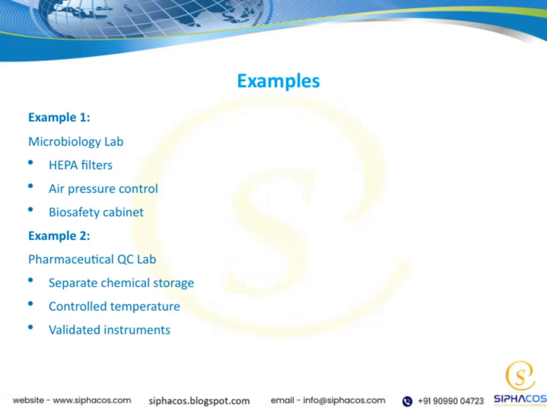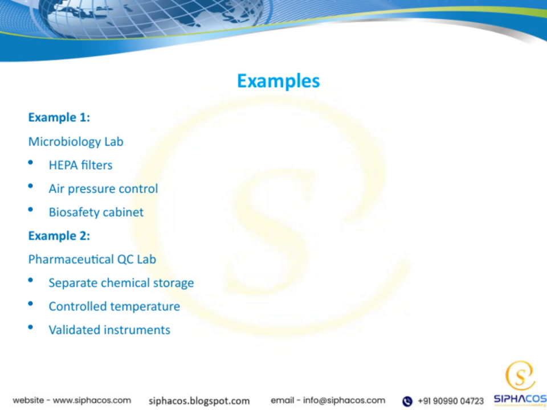Let's take a look at some practical examples to understand how these concepts are applied in real-world settings. First, in a microbiology lab, you'll notice the use of HEPA filters. These filters are essential for maintaining a sterile environment by trapping airborne particles, including bacteria and viruses. Air pressure control is also critical in these labs.